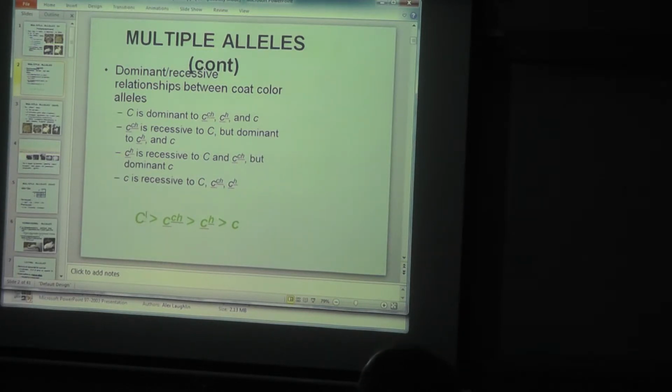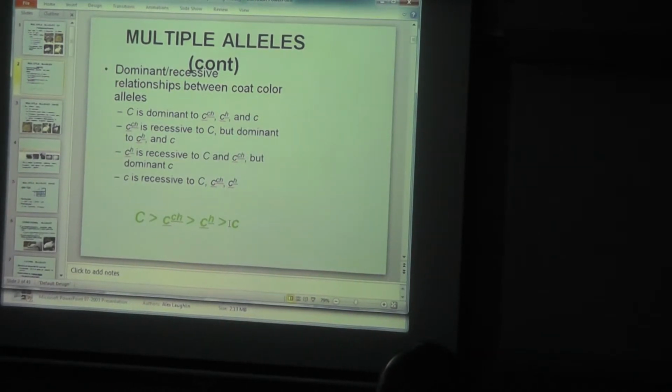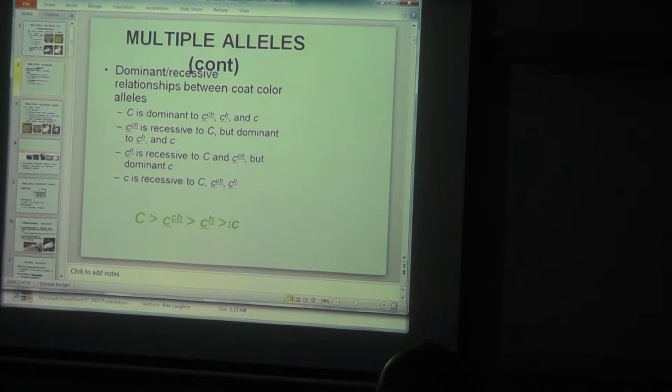This is dominant, but among these, this is dominant over this, which is dominant over this. This is interesting, right? That is weird, right? That is exactly what I want to tell you: there are so many exceptions to Mendel's laws that it is weird.